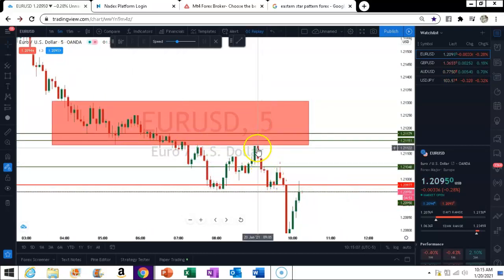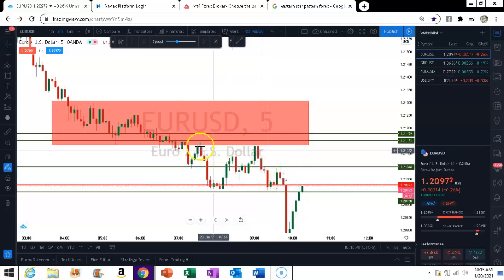So with the rejection right here, I would say that because price failed to go inside this box right here, this is a candle, yes, momentum, yes, but this green candle right here, it has momentum, but it failed to go inside the box, failed to go back inside this range, this zone right here. So because we're in a seller's market, it would be safe to assume that price is going to go back down.